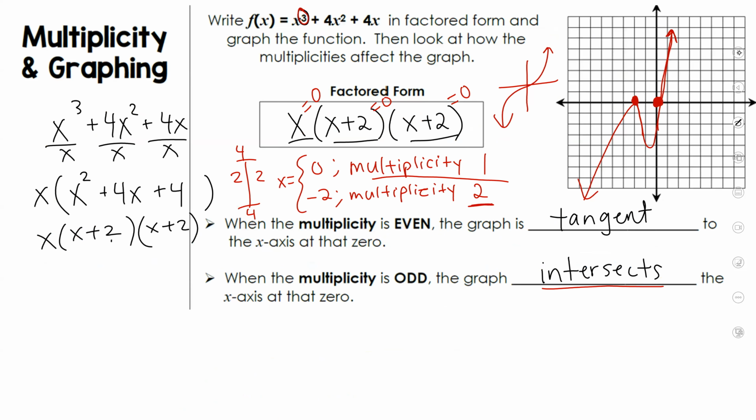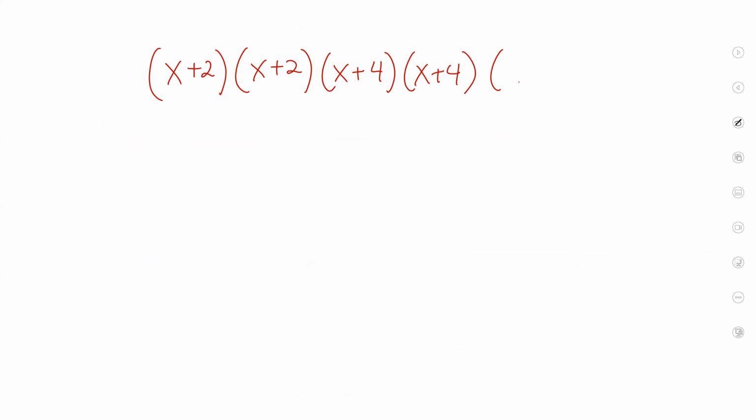Let me just make something up for you. Let's say we had these factors: x plus 2, x plus 2, x plus 4, x plus 4, x minus 5, x minus 5. What are my zeros? -2, -4, and 5.